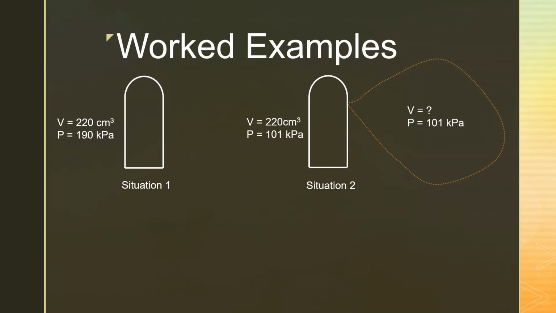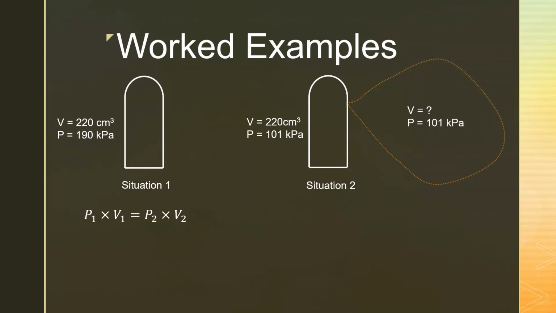So let's go back to our formula of P1V1 is equal to P2V2, which is what I've got here, and let's plug in some values. So the P1 and V1 is very straightforward. That's going to be 220 multiplied by 190. Again, don't worry about the fact that it's in centimeters cubed rather than meters cubed. As long as I put it in on both sides, I know I'm going to be good.